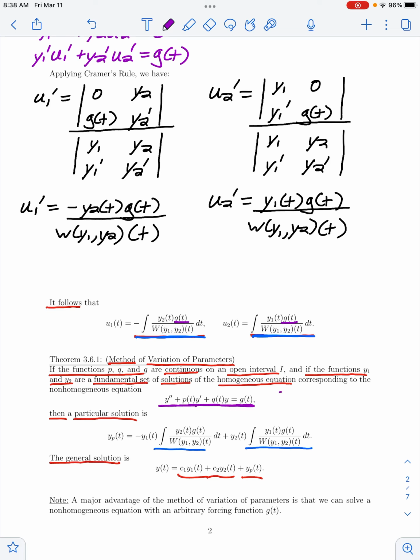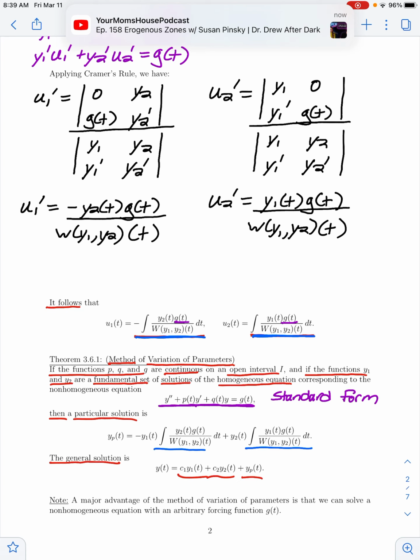So it is important to note that this equation is expressed in standard form. So in order to use these formulas that involve g of t, to make sure we're working with the correct g of t function, we need to make sure our differential equation is in standard form.